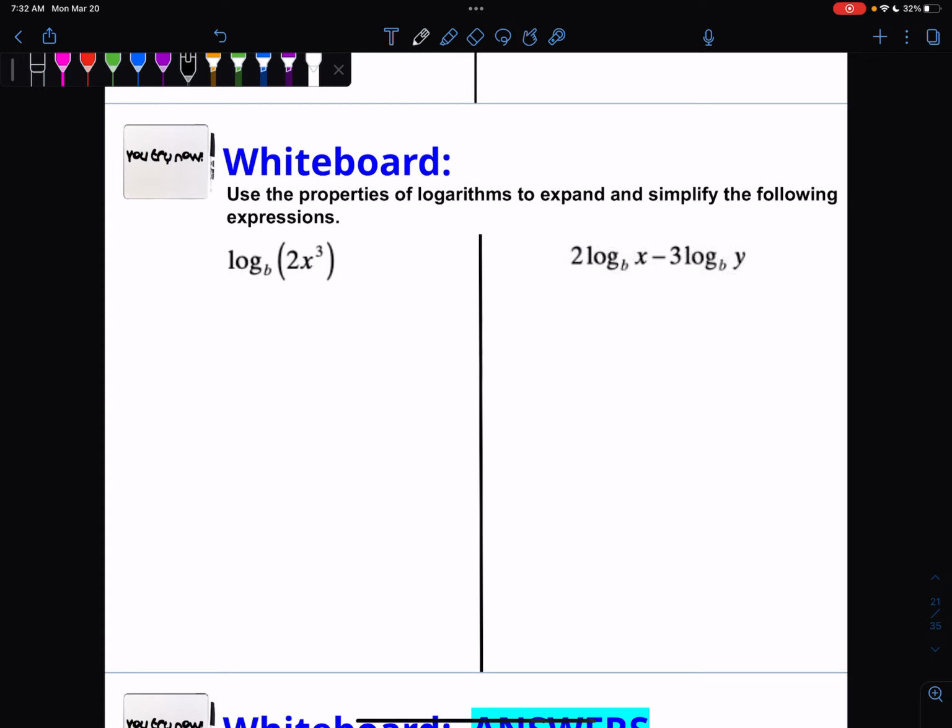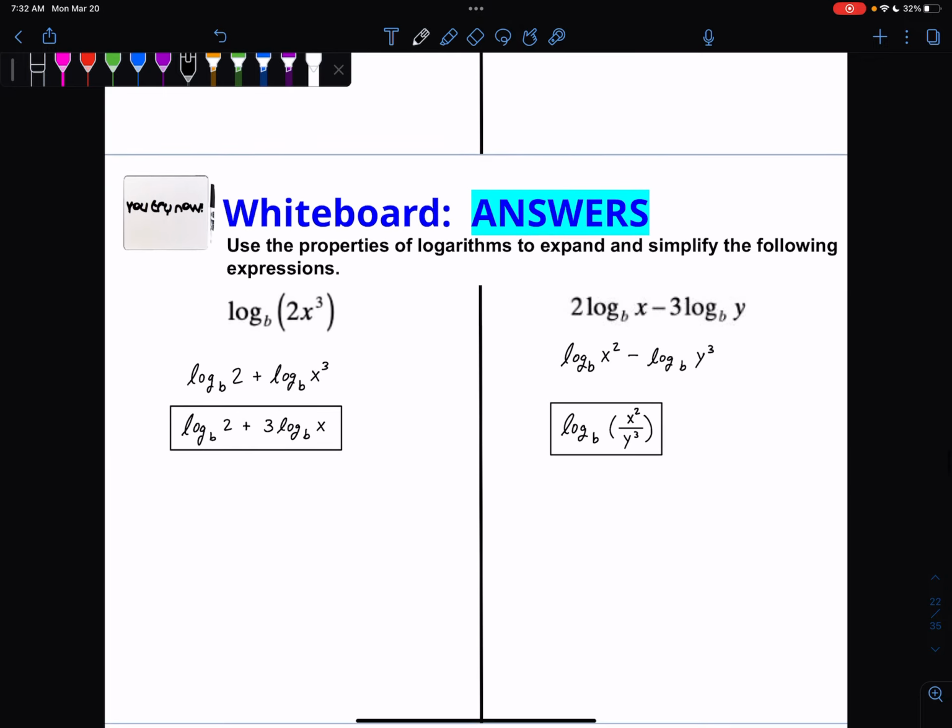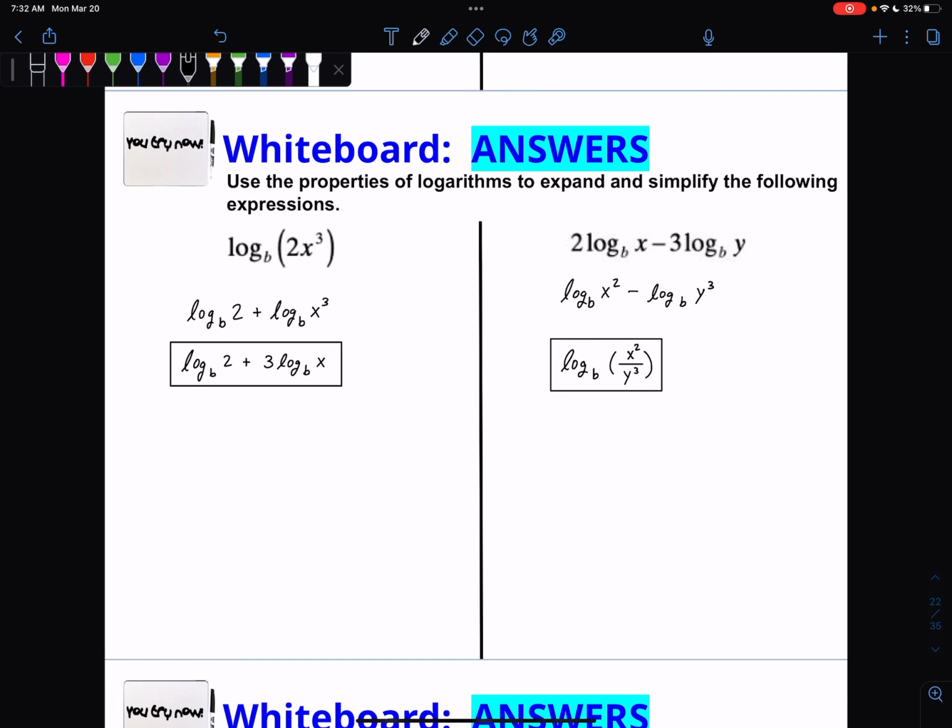All right, thanks so much for coming back. We're going to look at these. These should have been a little bit faster than the ones we did as a class. So log base b of 2 plus log base b of x cubed, right? You bring the cube in front right here with power rule, and that's your final answer.